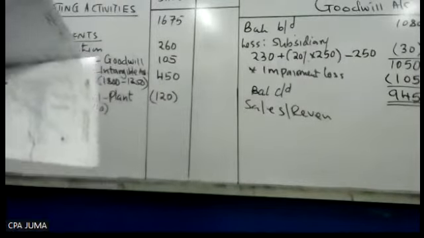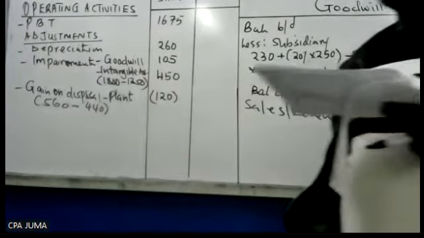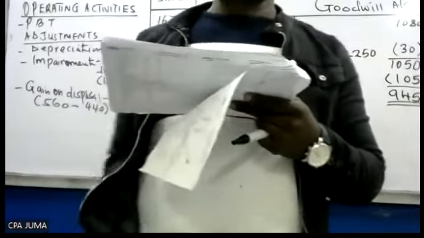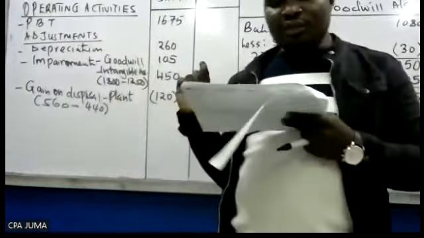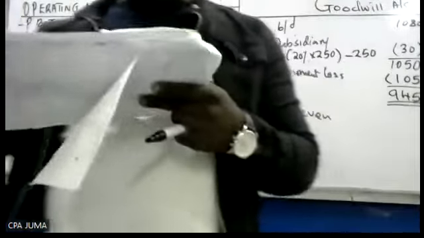Go to note 5. The following schedule relates to financial assets. The financial assets started with 1620. Then what happened? Less carrying amount of financial asset disposed. They sold off a financial asset with a value of 235. So check, they sold it for how much?